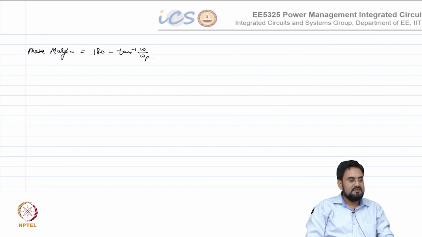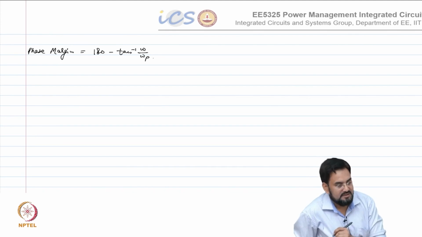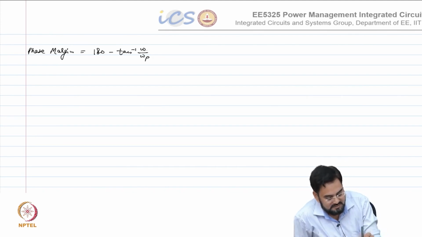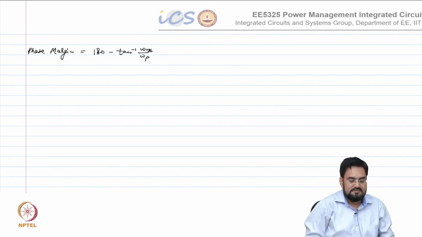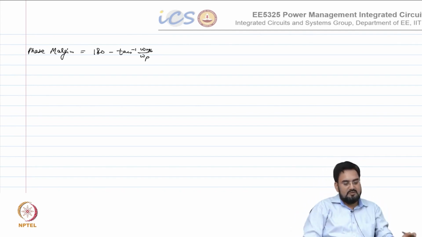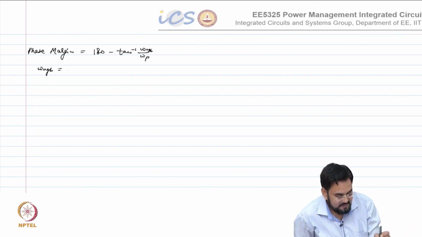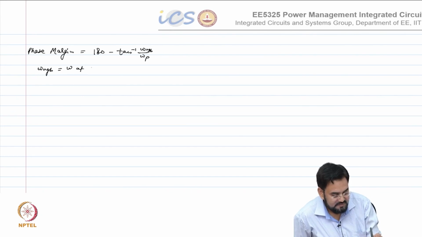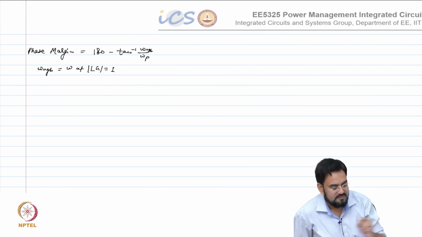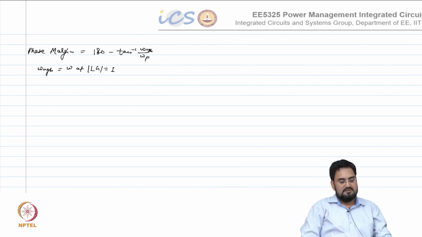That becomes your phase margin, where omega is omega UGB, the omega at which loop gain is unity.